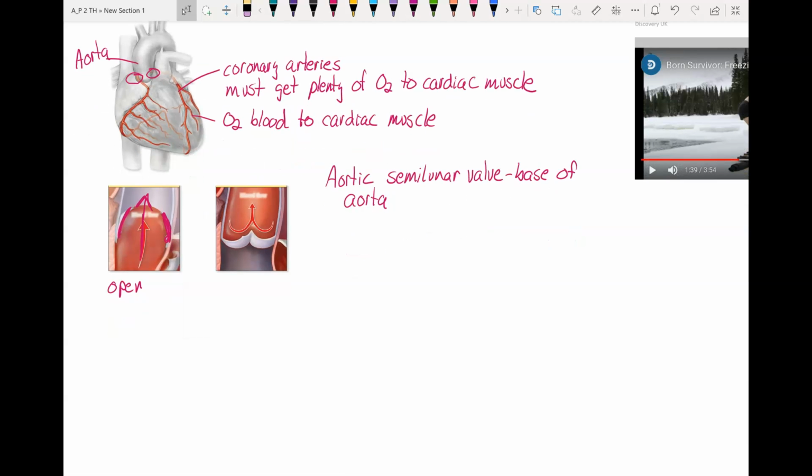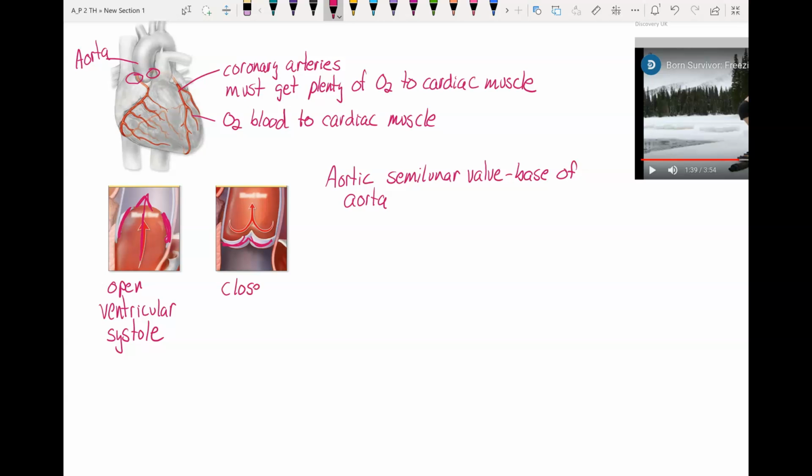This is what happens when the ventricle contracts. And contraction is systole. So we'll go ahead and put ventricular systole. So the aortic semilunar valve is open during ventricular systole. In the next picture, you can see it's closed. So here's the valve. It's these white flaps, and it's closed.